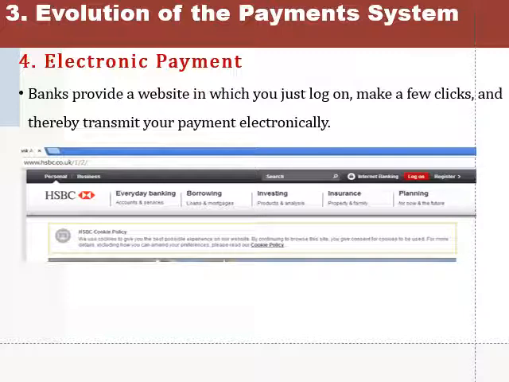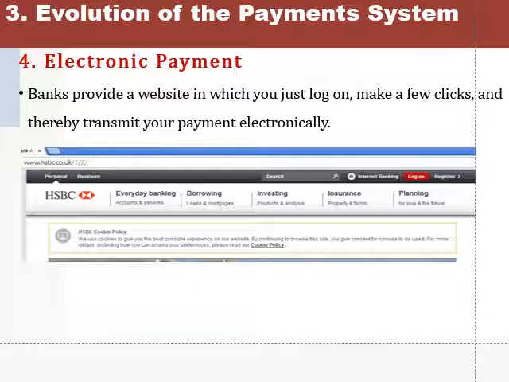This implies that instead of writing checks, now banks provide a website in which you can just log on and make a few quick clicks, and then the required funds are transferred from your account into another person's bank account.